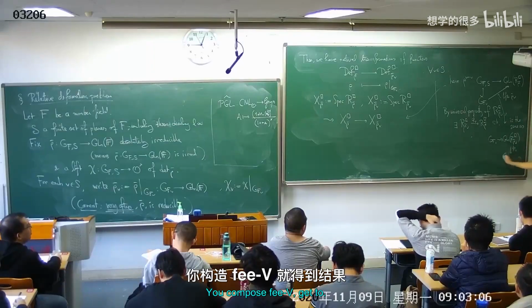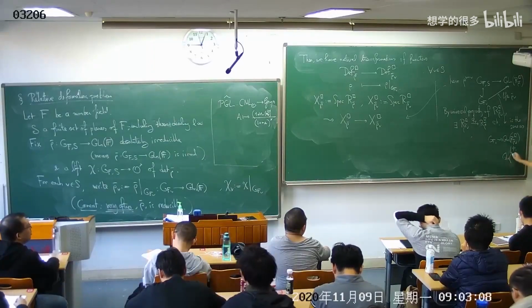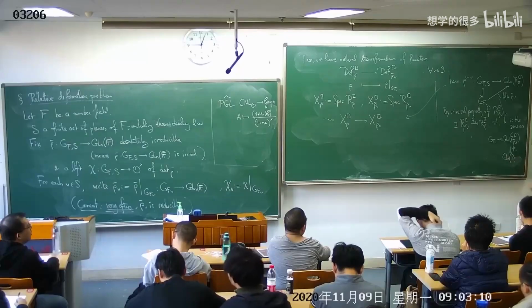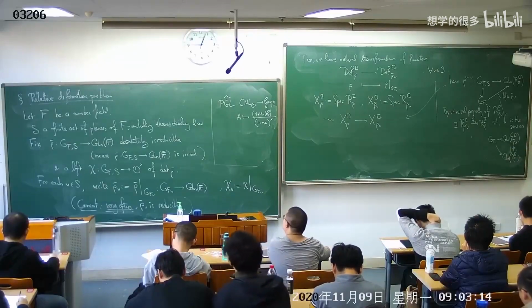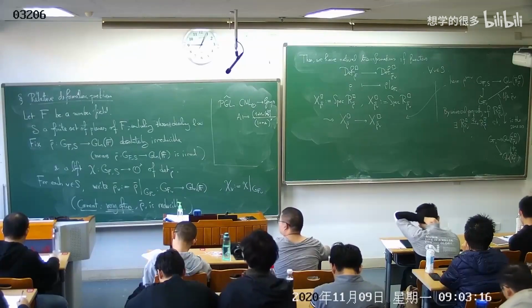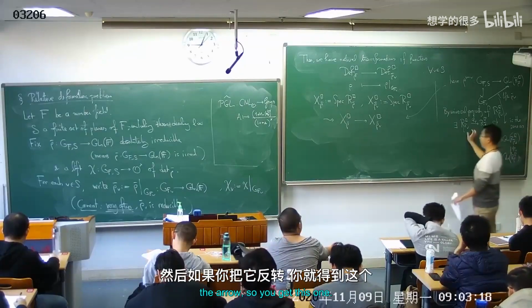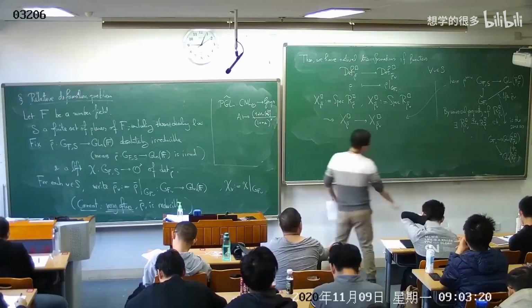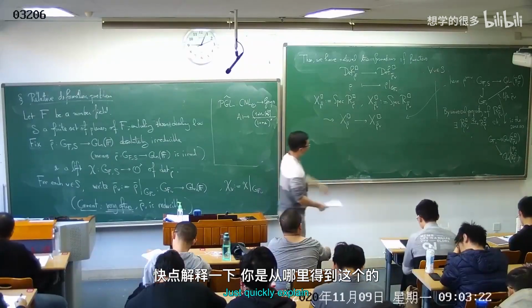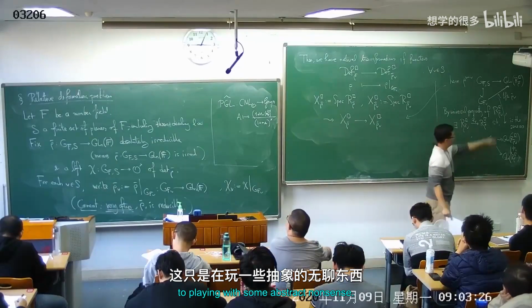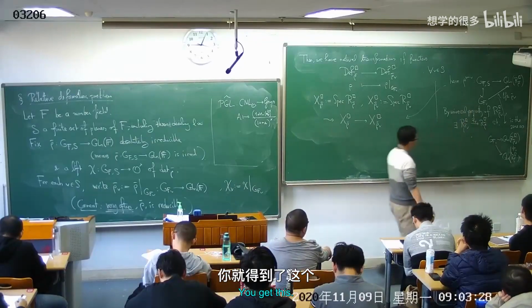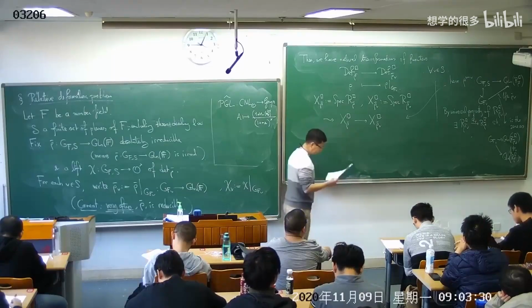You compose phi v, get to, right? And then if you take back, you reverse the arrow, so you get to this one. Just quickly explain where you get this from. It's just sort of playing with some abstract nonsense, and then you get this.